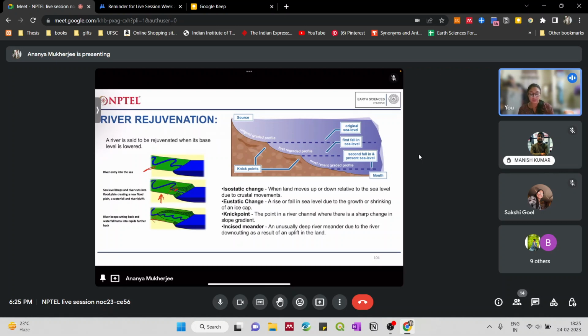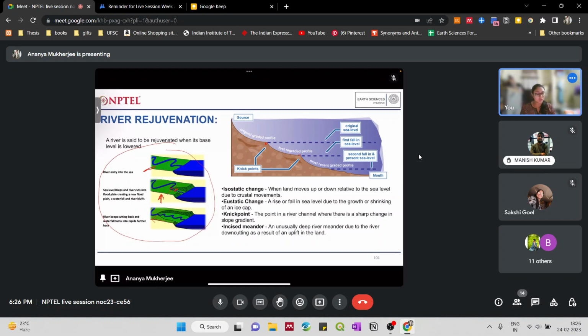So this entire process is your river rejuvenation process. Now, if we take a longitudinal section along the path the river is following during the rejuvenation, you will see that these points, where the relief has changed or where the sea level has changed, are called nick points. There is a sharp change in the gradient of the slope. These are the nick points.